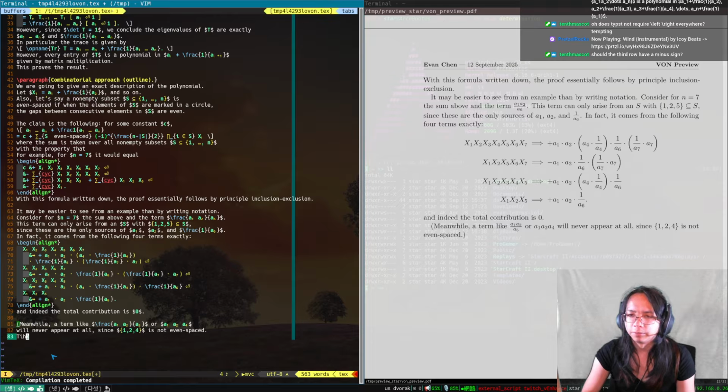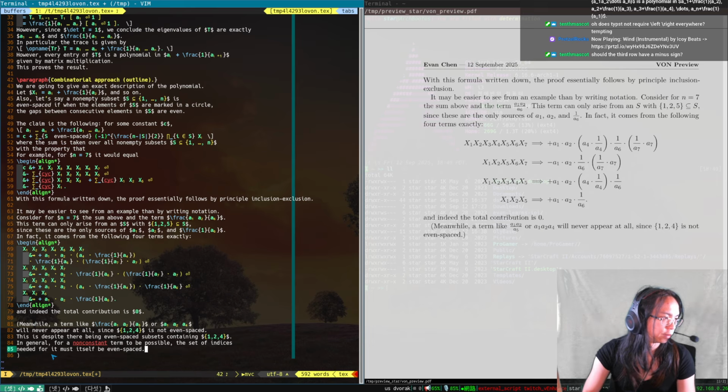This is despite there being... For a non-constant term to be possible, the set of indices needed for it must itself be evenly spaced.